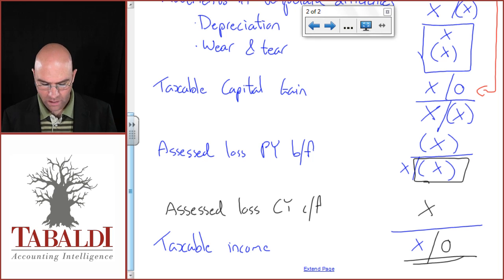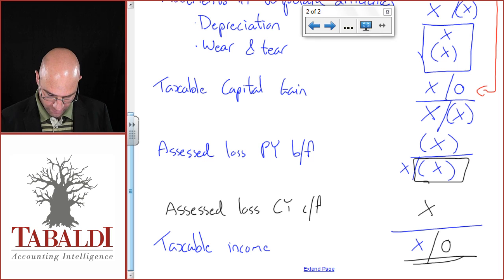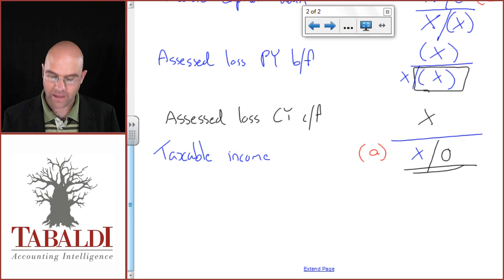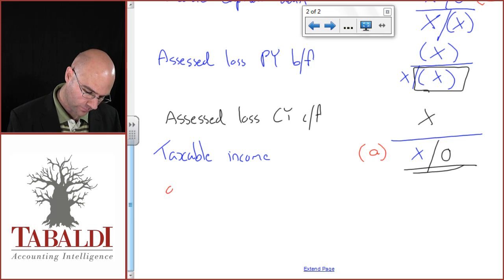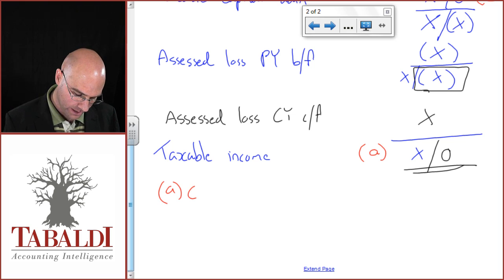Now, from here, I want you to understand that you could do a couple of journals. The first journal that you would look at doing, I'm just going to label that A. That first journal would be a current tax expense, which would be debit my current tax expense in profit and loss.